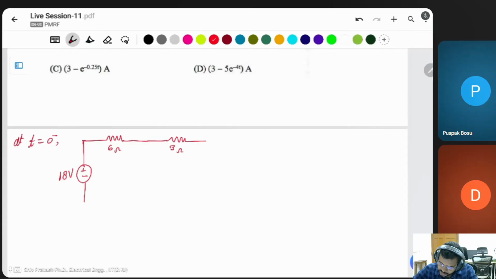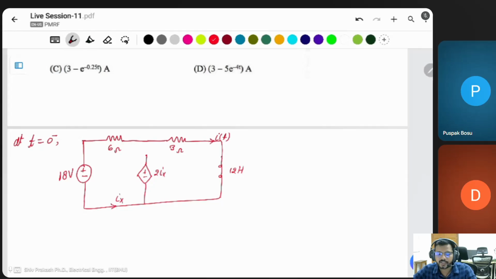At t equal to 0 minus, the inductor will be a short circuit. 12 Henry. This is the current iL. And the other circuit, which is not connected here, has the dependent source up to Ix, and Ix is given in the question. This current is Ix.